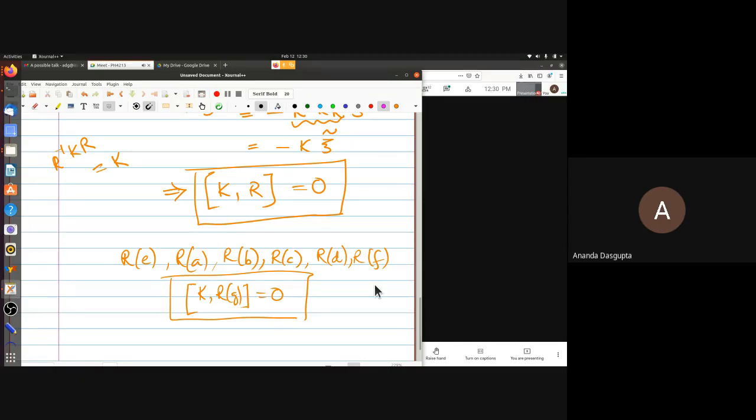Say when you had a system in a central potential, what made life very easy for you is that L square, Lx, Ly, Lz, all of them commute with H. Since L square, Lx, Ly, Lz did not commute among each other, you started with the best you had, that is L square and Lz commuting among each other.